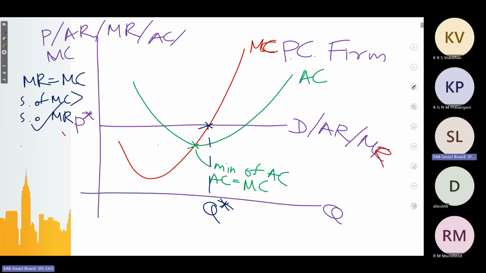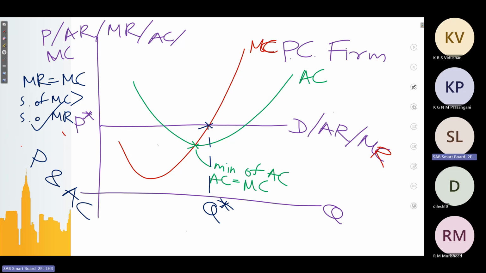To understand whether this firm is earning economic profit or an economic loss or a normal profit, what should we look at? We should look at price and average cost to determine whether this firm is earning an economic profit or economic loss or a normal profit.